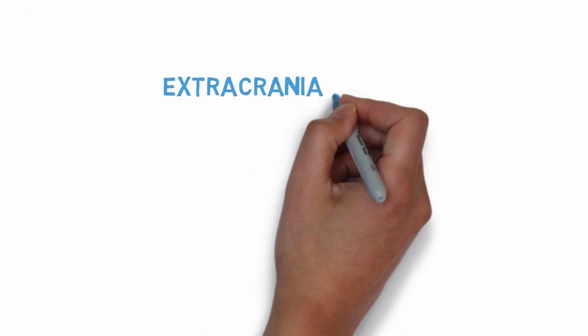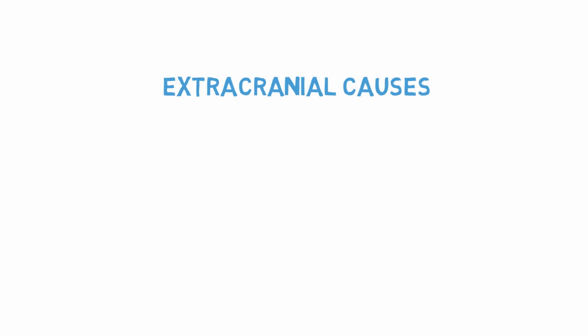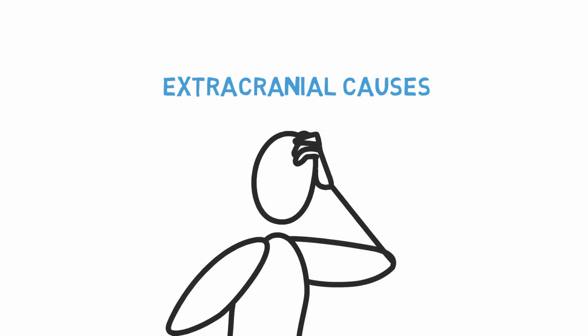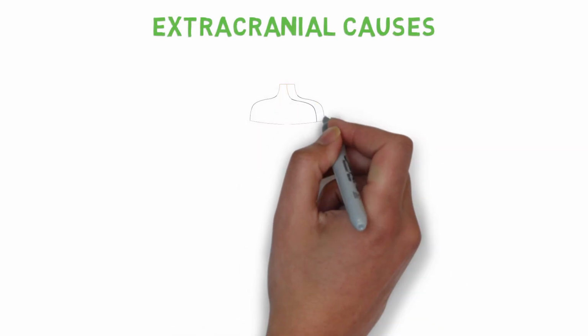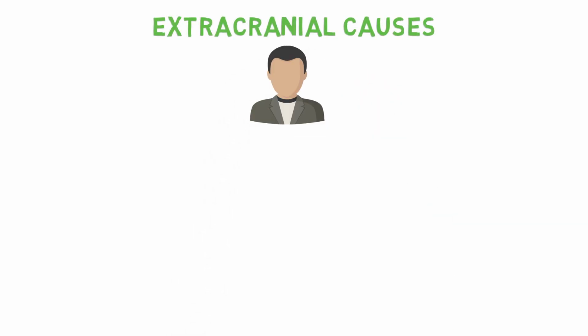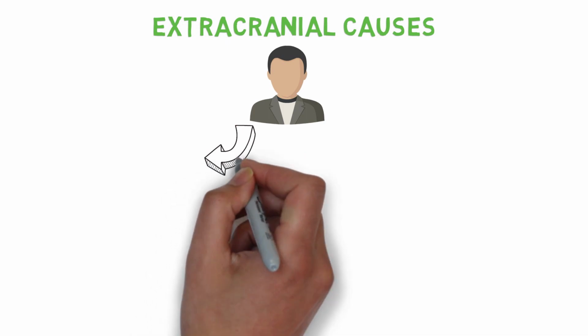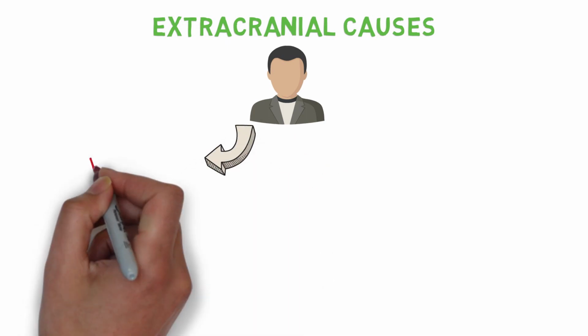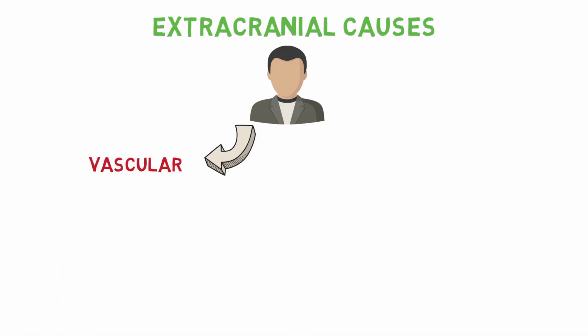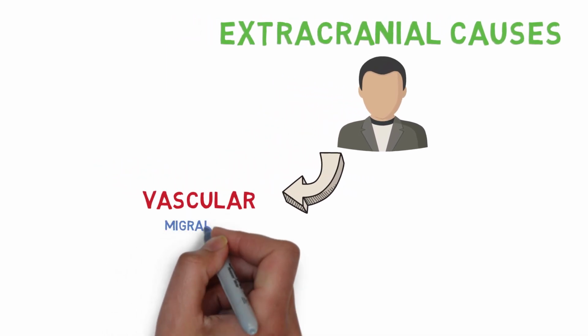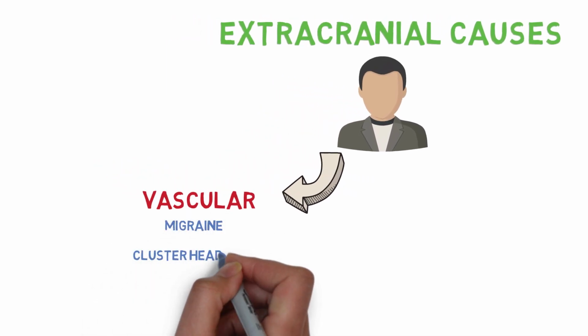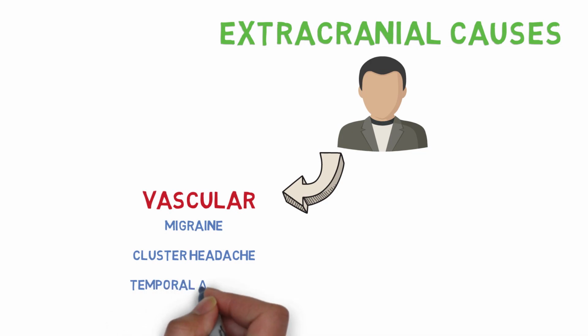Moving to the extracranial causes. We can classify extracranial causes in different categories. One is vascular causes, which includes migraine, cluster headache, temporal arteritis.